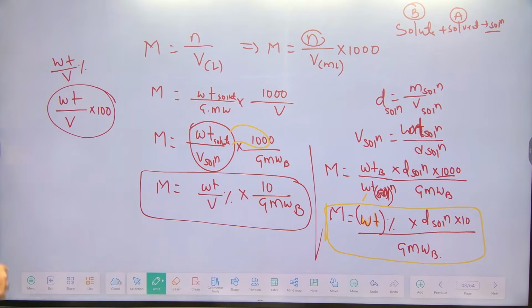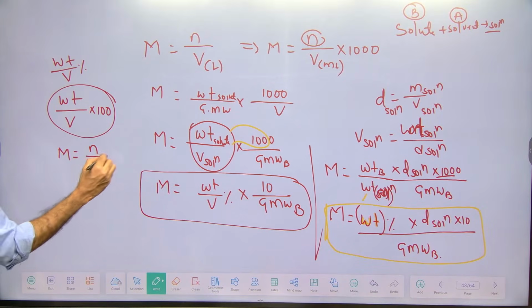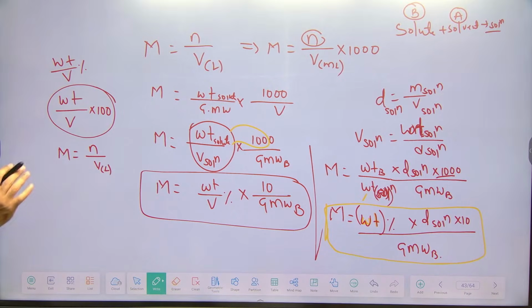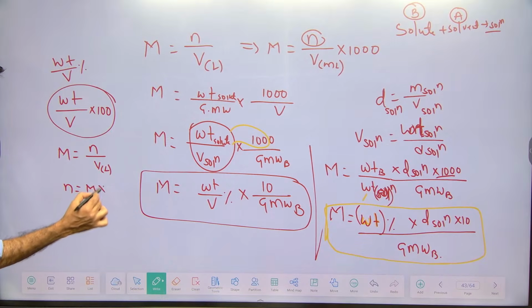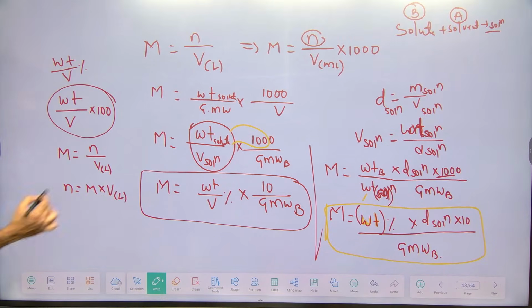Next. What is the first final formula you have? Molarity equals N by V in liters. If I simply ask you how many moles of solute, what can you say? Molarity into volume of solution in liters.